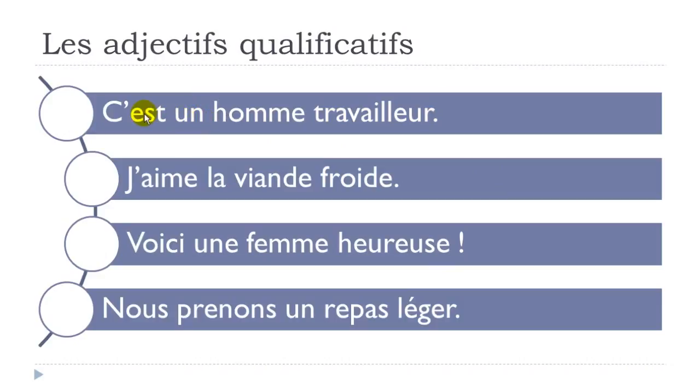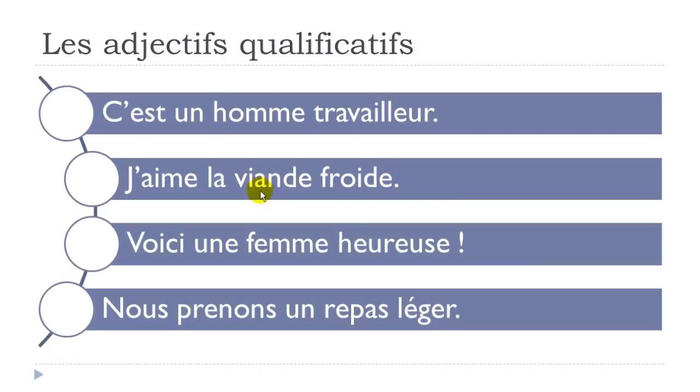In that case here, you've got un homme, it's a man. Okay, so masculine. You can see here that it's the singular form, it's un. So you've got to put this adjective at the masculine singular form, travailleur, like that. Okay, in that case here, you've got la viande, the meat. So you can see here that it's singular and it's feminine because of the article la. Okay, so you will put froid, so it's cold, at the feminine form with the final e.